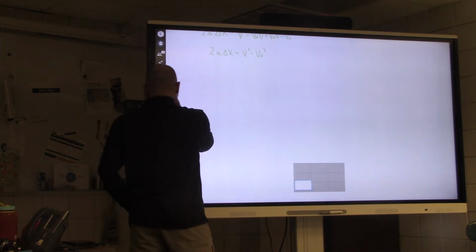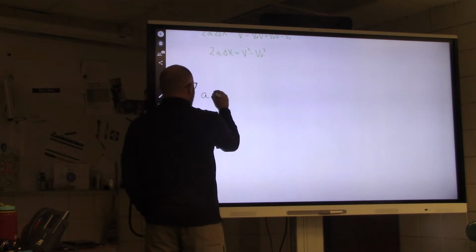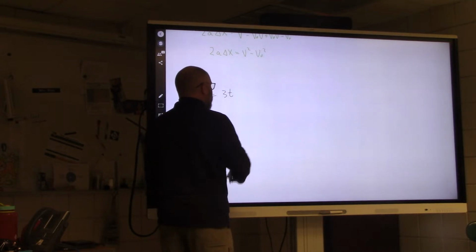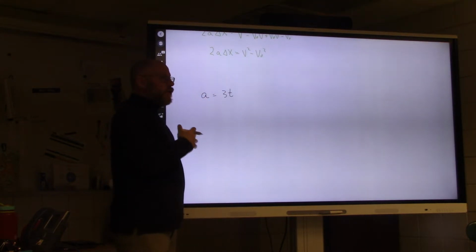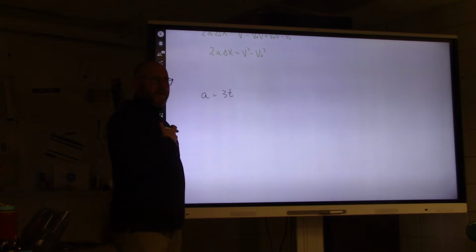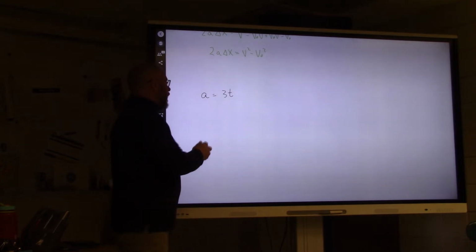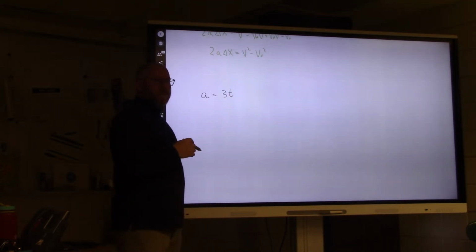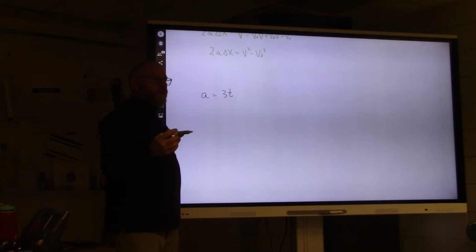If they said, here's an equation, a equals 3t, can you use any of our three kinematic equations with this? No, because the acceleration depends on the time, right? So none of them work.